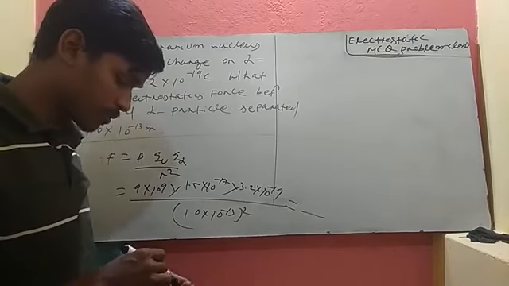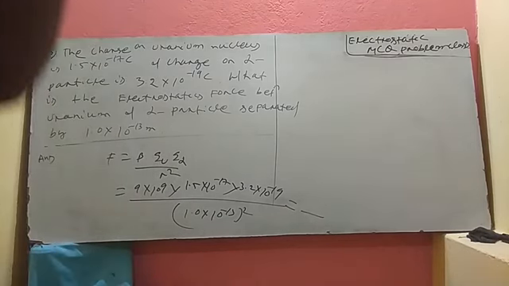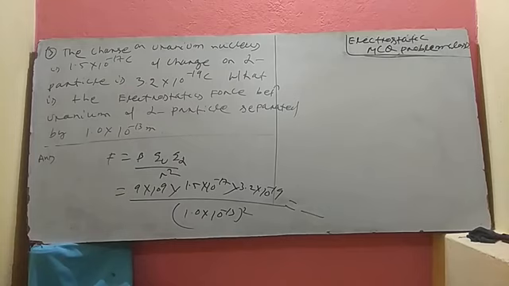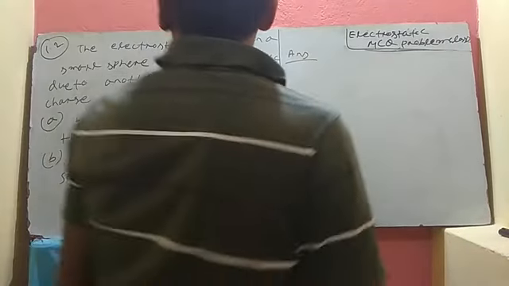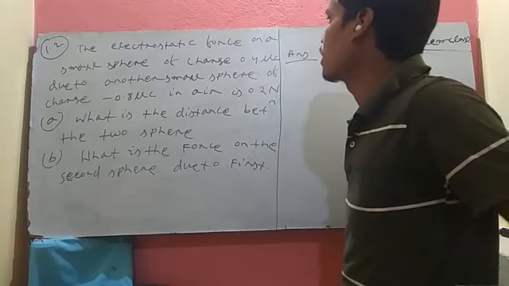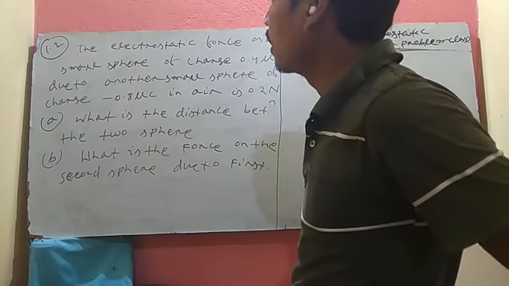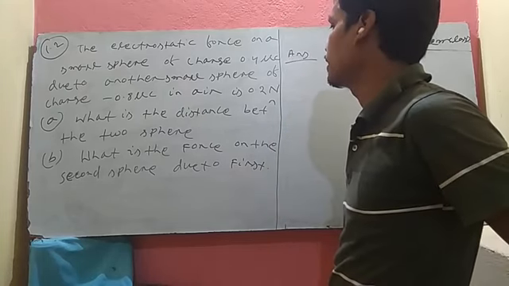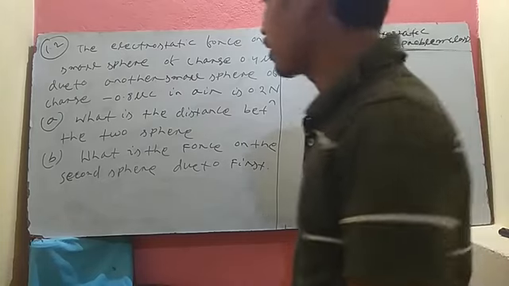Yes or no? So next question you can try. So another question: the electrostatic force on a small sphere of charge 0.4 microcoulomb due to another small sphere of charge 0.8 microcoulomb in air is 0.2 Newton. What is the distance between the two spheres? An easy question.